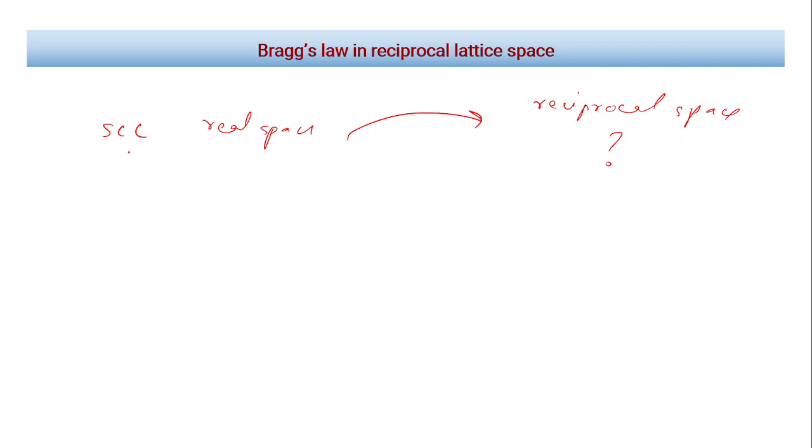As we discussed, every primitive unit cell can be described by translation vectors.